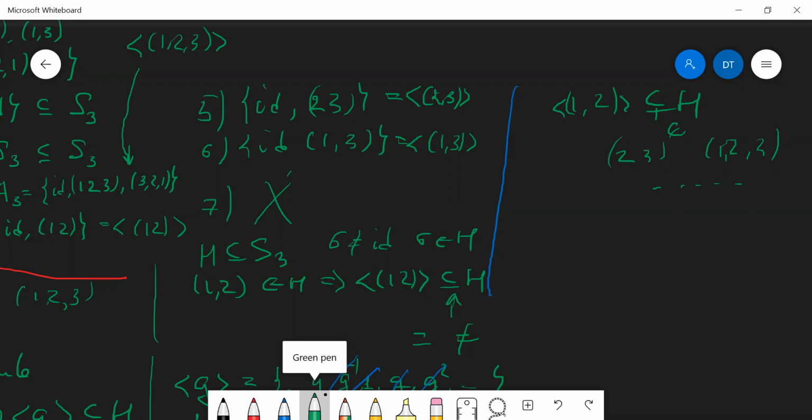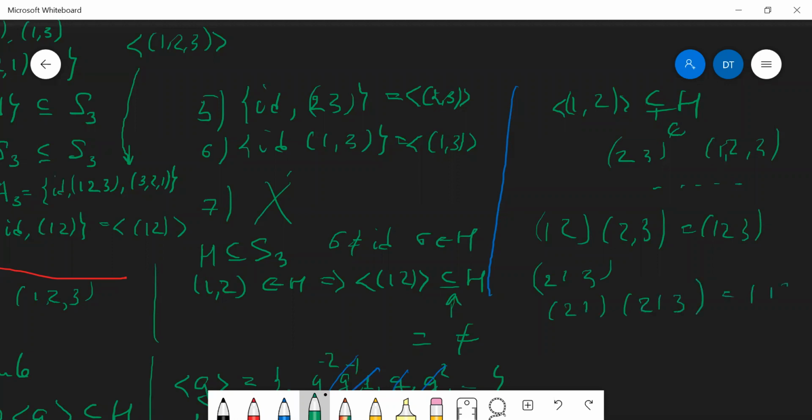For example, if the element (2 3) is in H, and (1 2) is in H, then there must be this product in H, which is (1 2 3). So this guy is in H. Then the inverse of the element (1 2 3) is in H. And if you multiply, then (2 1 3) must be in H. And then you just multiply this element to this guy, and this gives you the element (1 3).